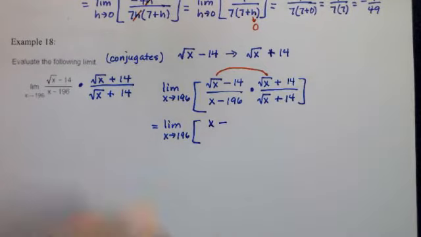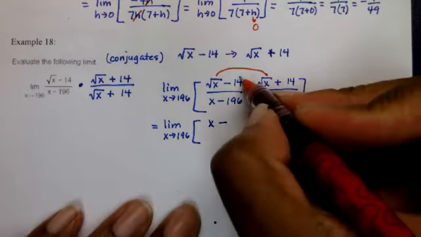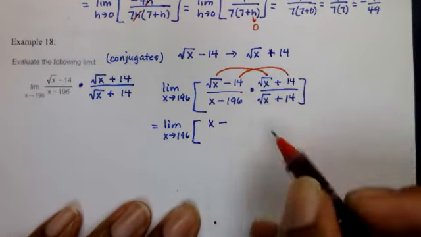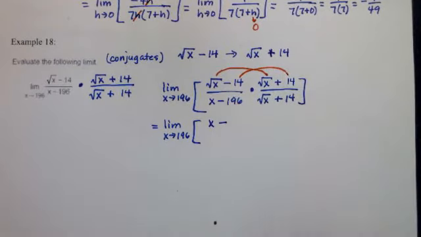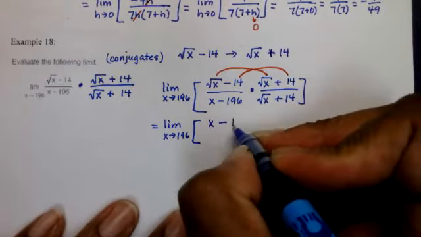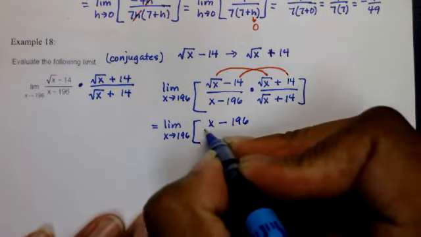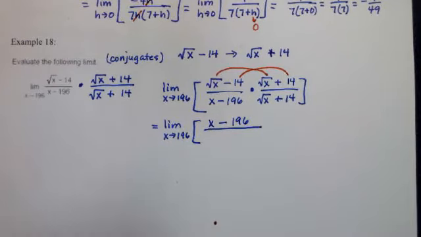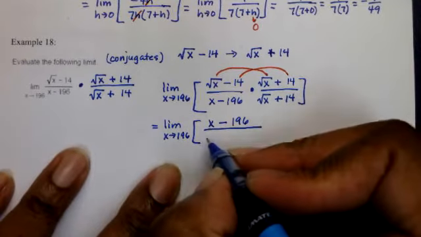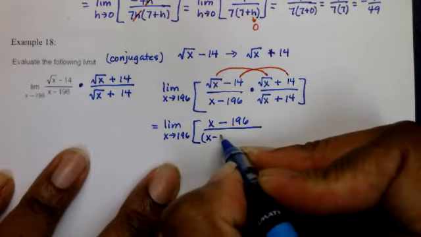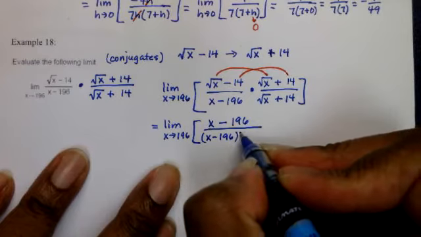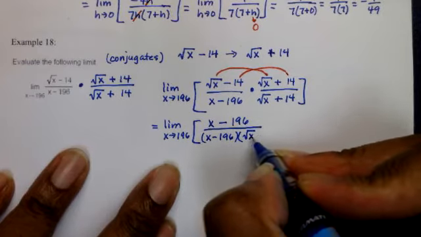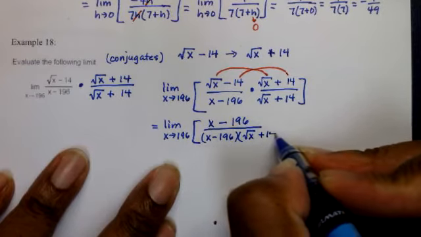And then minus the square of the second term, 14 times 14, that would be 196. And then the denominator is going to be x minus 196 times the square root of x plus 14.